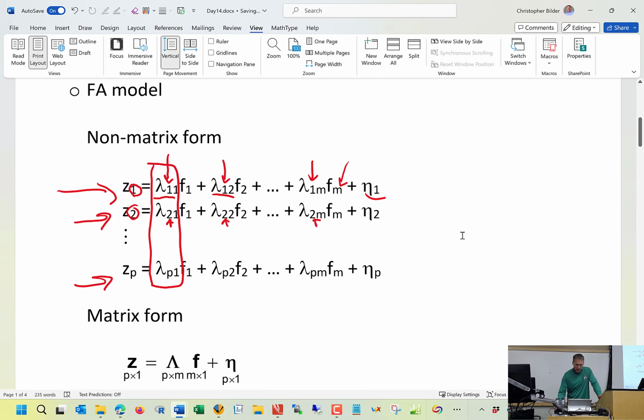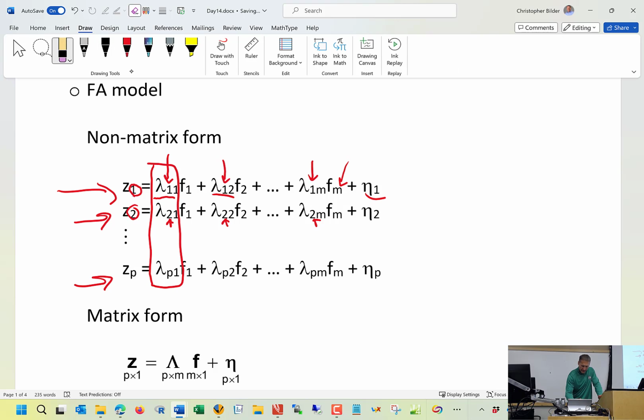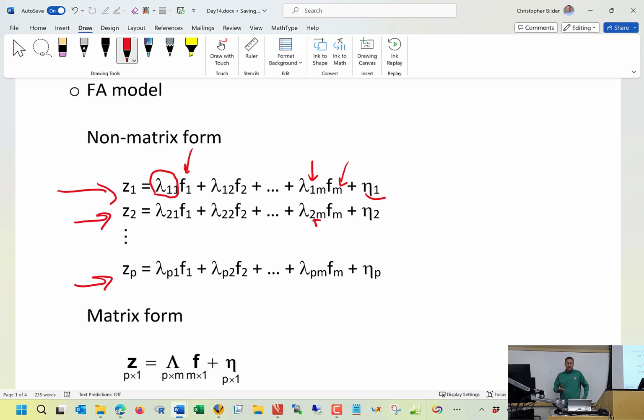So if we go back to our model, what does that mean for us? Again, when we're looking at common factor 1, we look at the corresponding lambdas to try to interpret it. But now we have another nice way to think about this, that the correlation between F1 and Z1 is lambda 1,1.